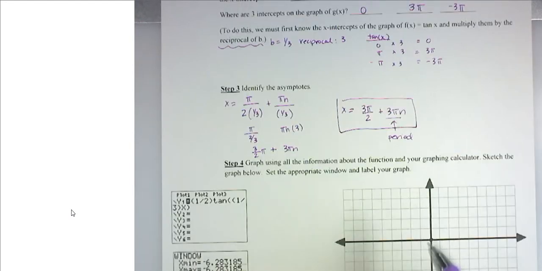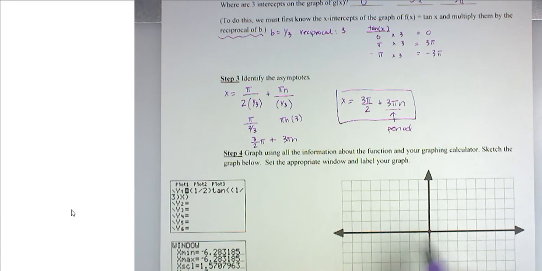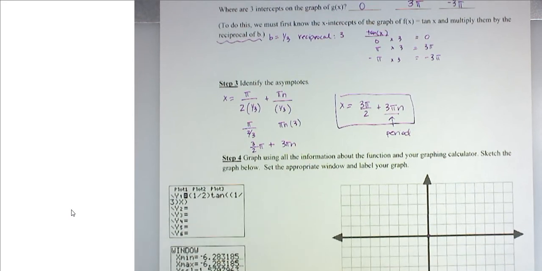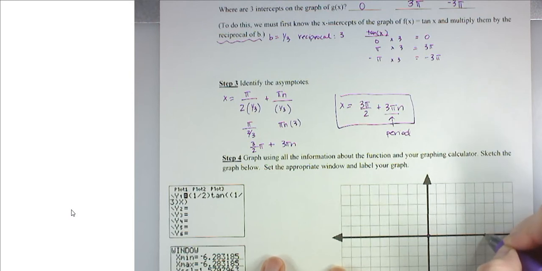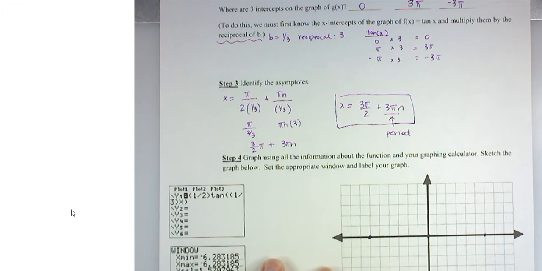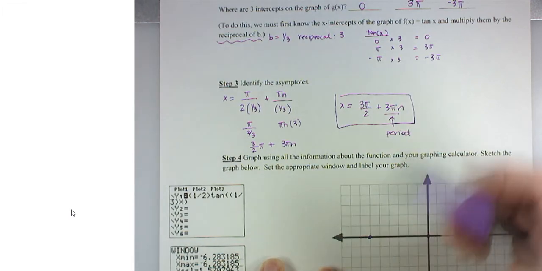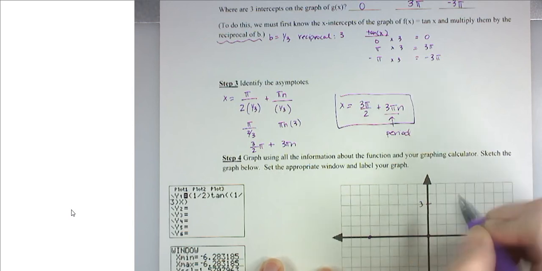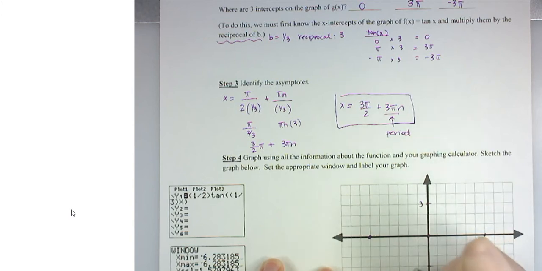So for my intercepts, I'm at 0, I have one at 3 pi, and one at negative 3 pi. And then we're going to go by 1, so this is going to be 3 and negative 3. I'm going to put my asymptotes in, so the first one occurs at 3 pi over 2, and this is going to help me know where to make my curves, and then they occur every 3 pi n.